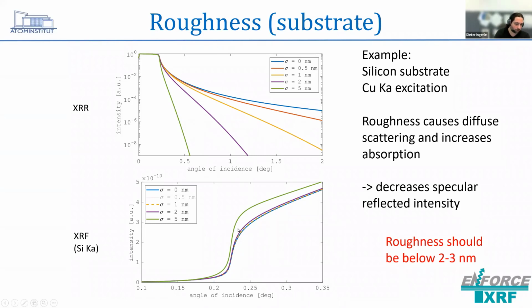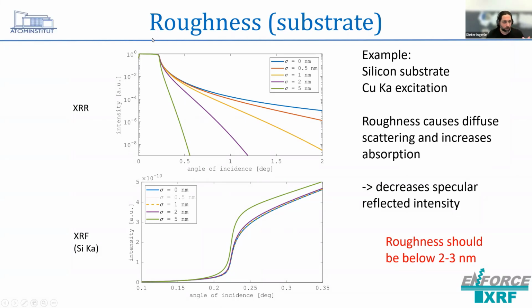For fluorescence, it's a little bit better in that sense, because as you can see here, at maybe 1-2 nanometers, it's not that much of a difference. But interesting, as you can see, if the reflectivity drops, then the fluorescence will rise because we're penetrating deeper into the sample and causing more fluorescence.